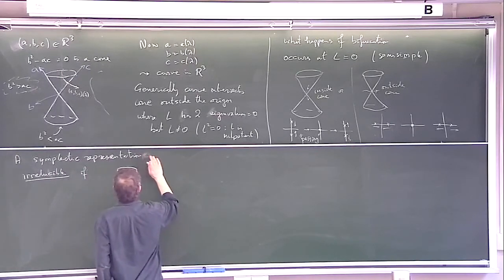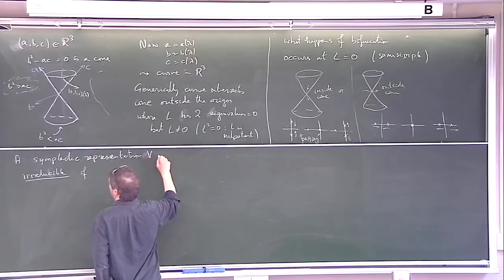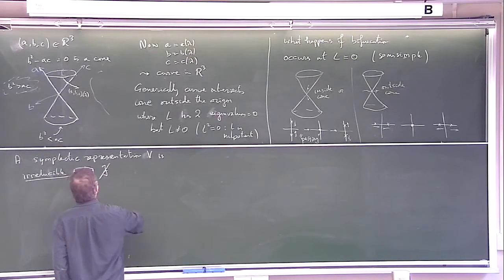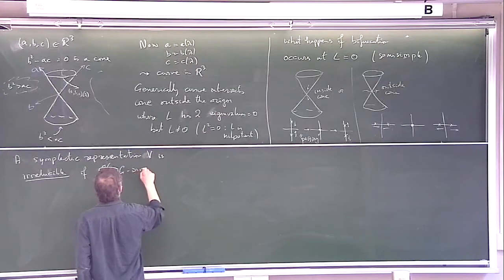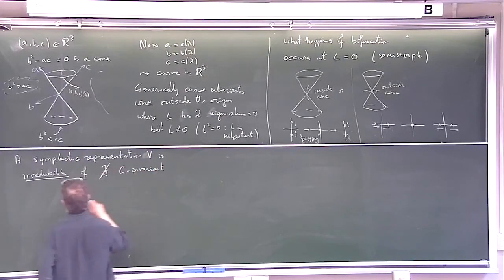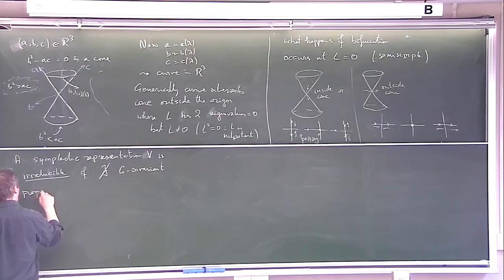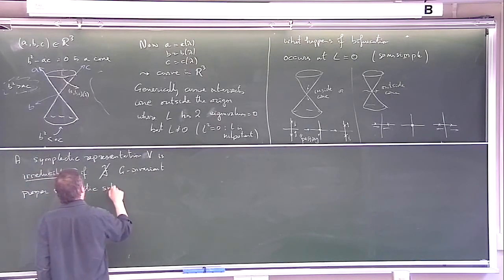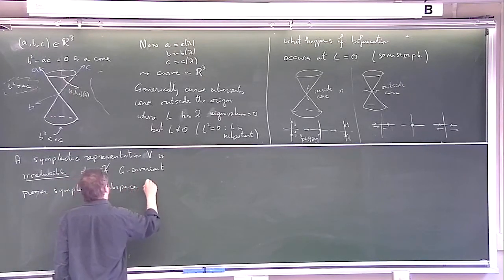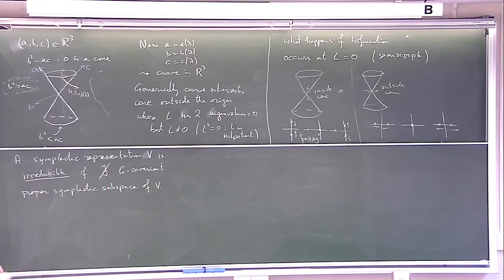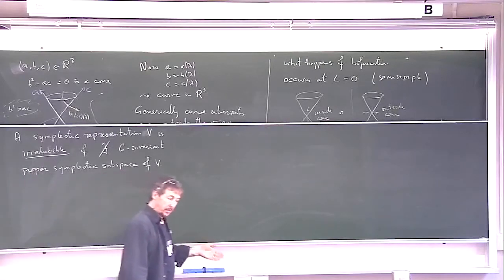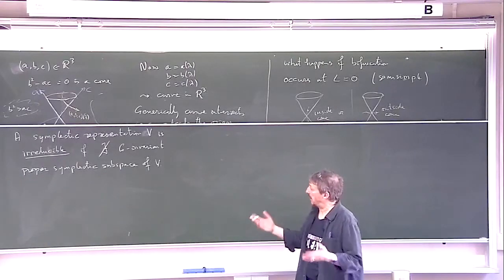So let's call this representation, this vector space V, irreducible if there does not exist a G-invariant proper symplectic subspace of V. So the only invariant subspaces, symplectic invariant subspaces, are the whole space and 0.